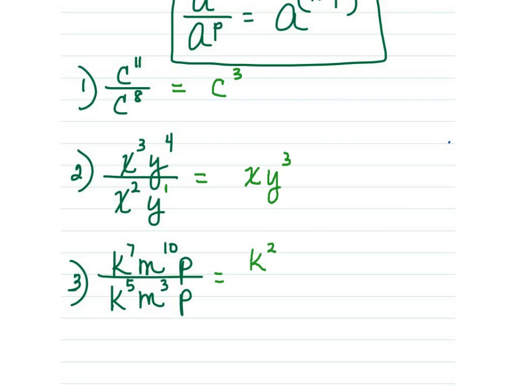M to the 10th divided by m cubed would be m to the 7th power. And p to the 1st power divided by p to the 1st power would be p to the 0 power. And they both cancel each other out, so it equals 1. And there's no need to write the 1. So your answer is k squared, m to the 7th power.